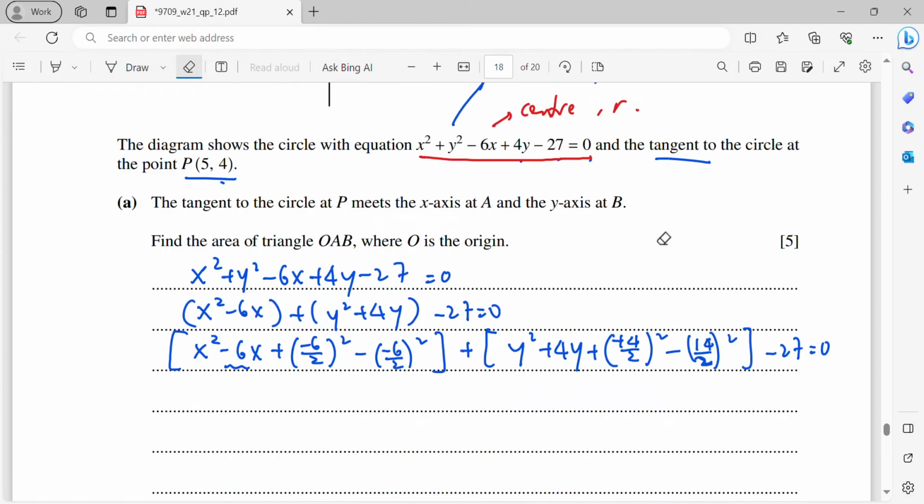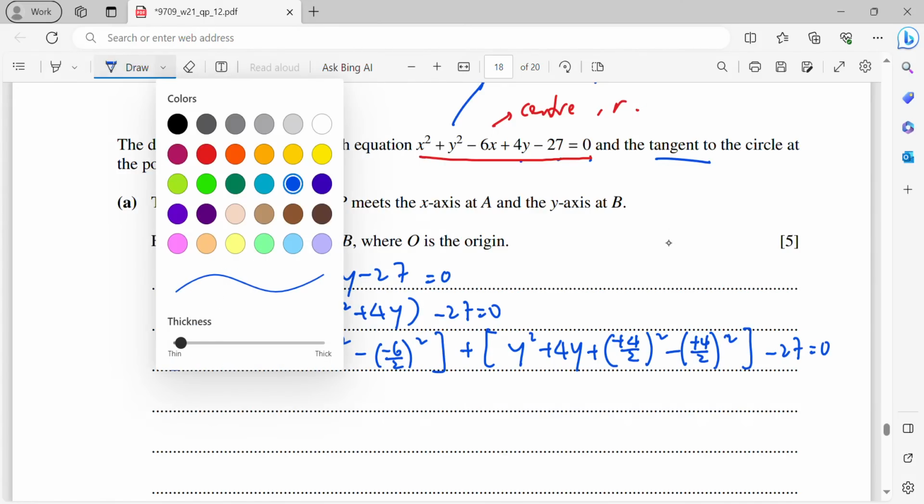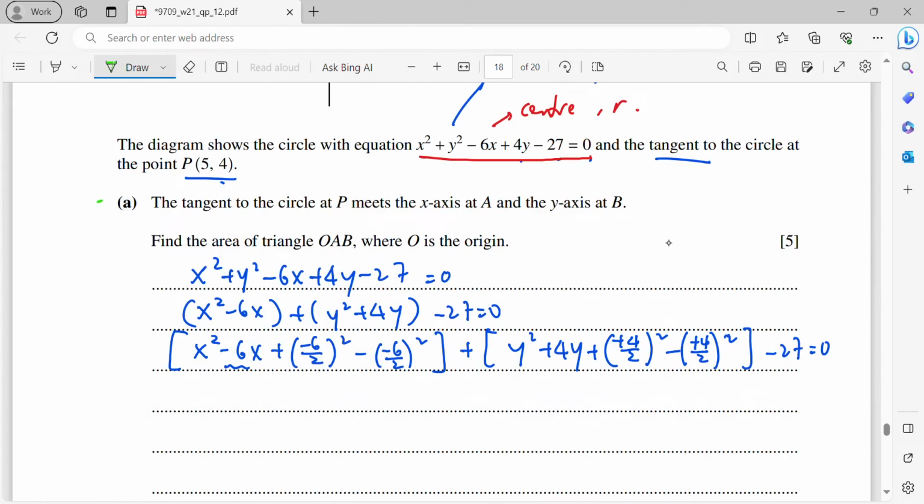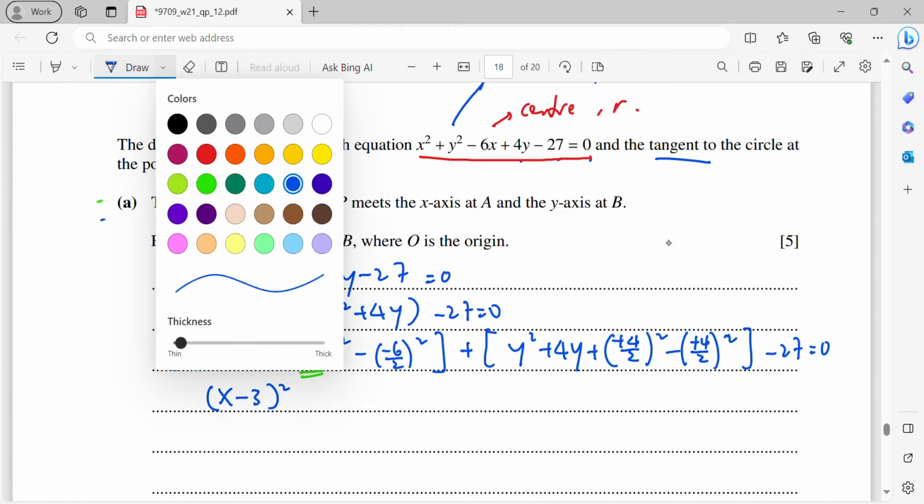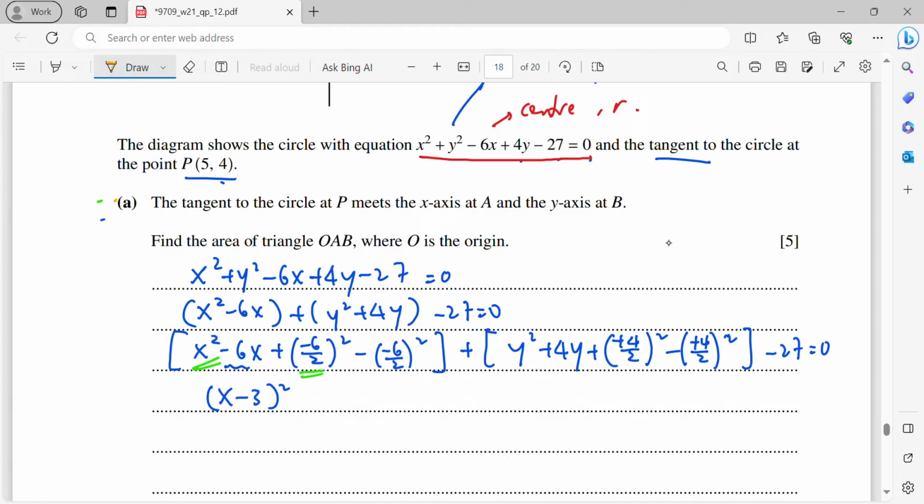Okay, so from here, for the first bracket, I will combine the first and third term. Here it will be x minus 3 squared, because when you expand x minus 3 squared, you get these three terms. Where to get the minus 3?